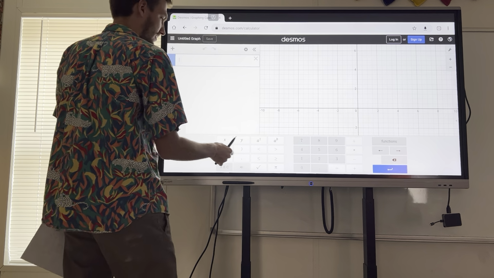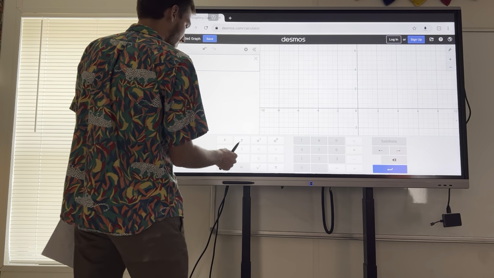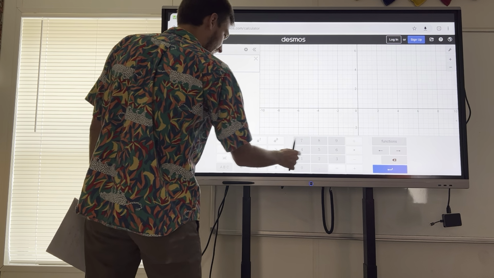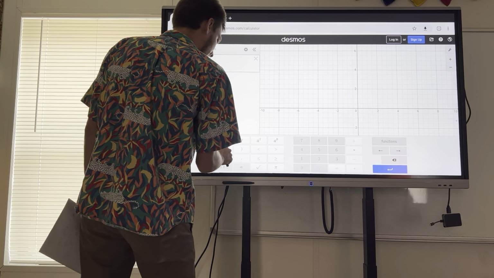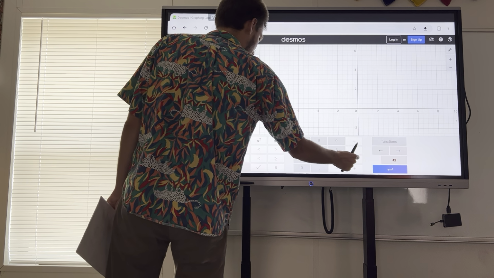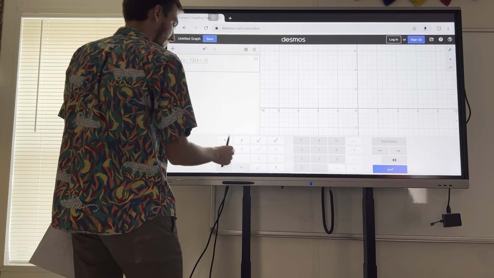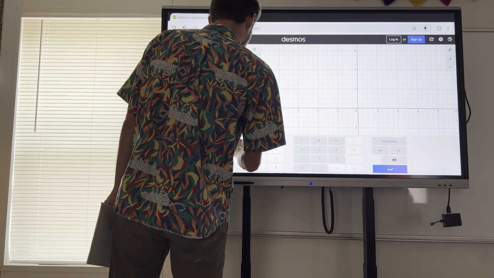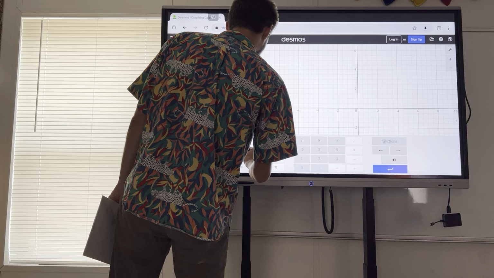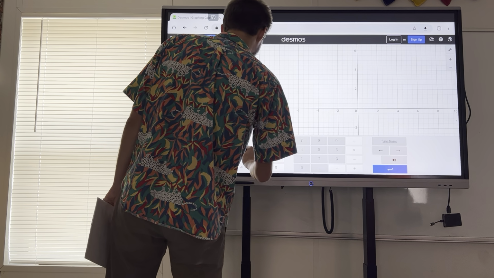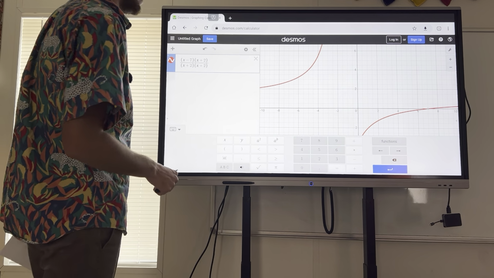All right, let's see how this looks. Fraction. It was parentheses x minus 7 parentheses x plus 2, right? And then x plus 2, x plus 2. So that's our function.